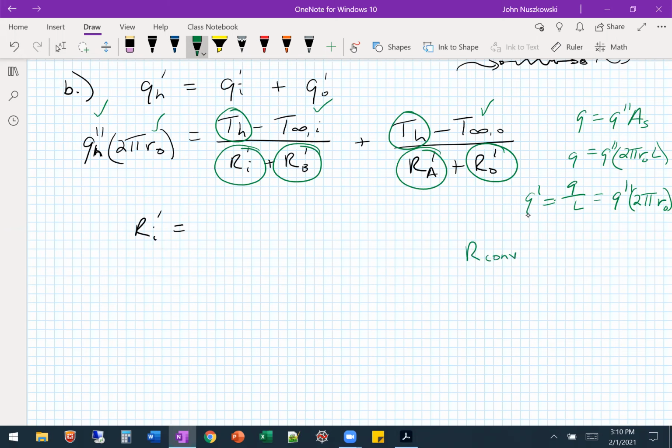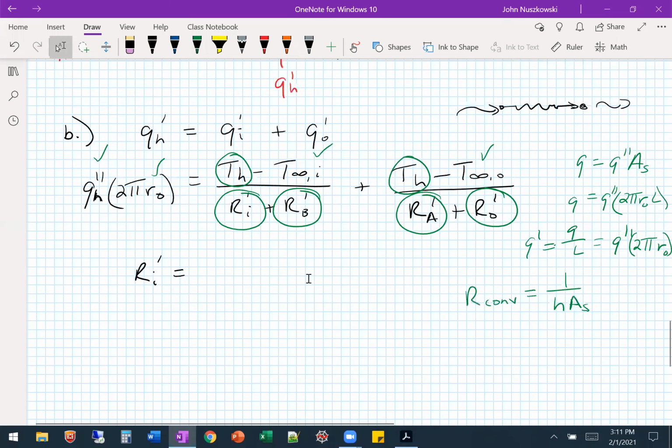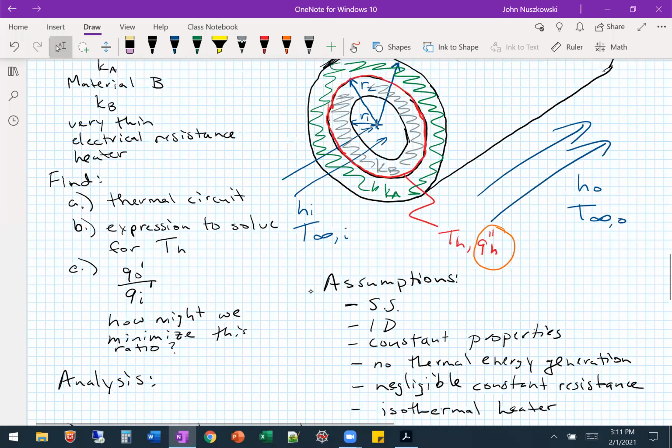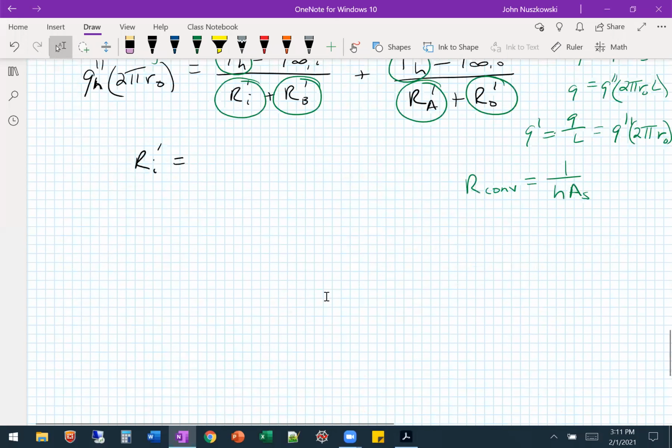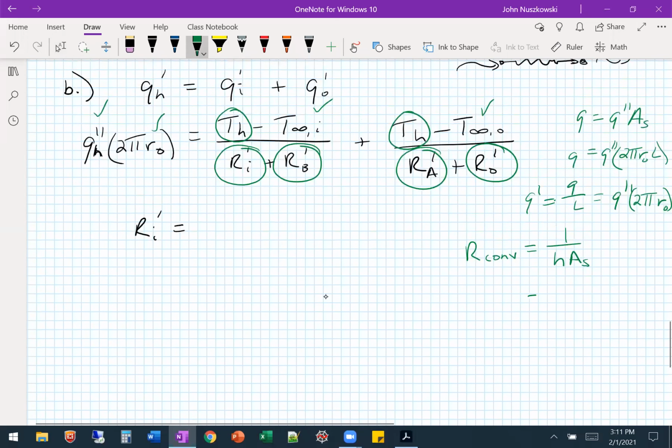So convection, without the prime, is always just 1 over hA, A being the surface area that the convection is going on, which is the inside surface area here. In general, because it's a cylinder surface, it's 2 pi r inner times length, right?